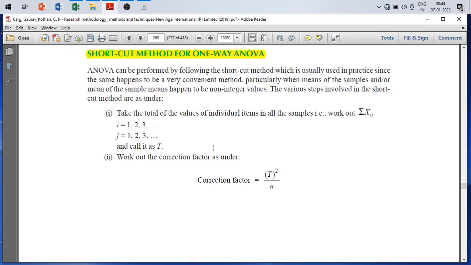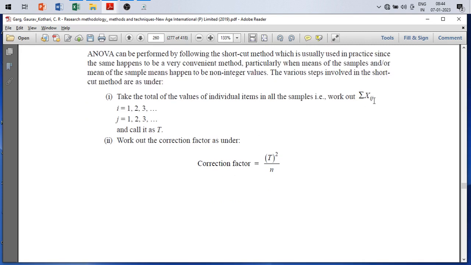What is done here is, first we add all the values. See this sigma xij, all the values that are there, just add them, and it is called T, in a sense some sort of total. So take the total of the values of individual items, call it T. Then work out a correction factor which is defined as T square by n. It is called the correction factor.